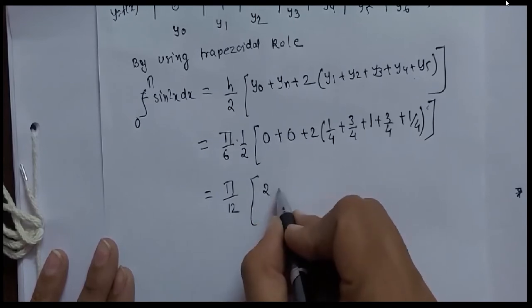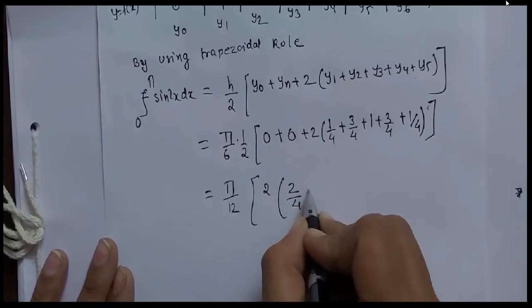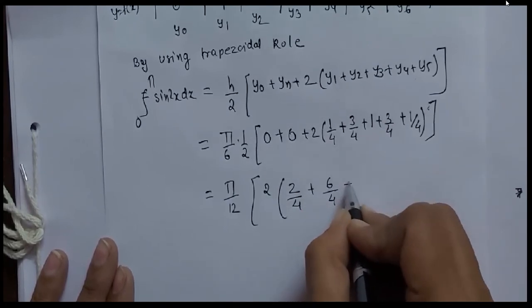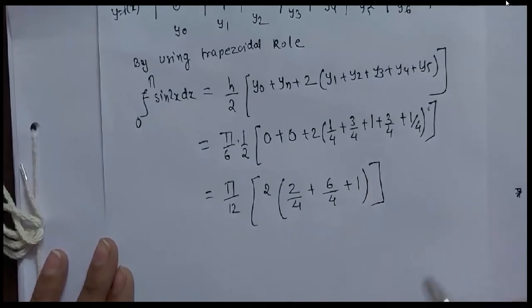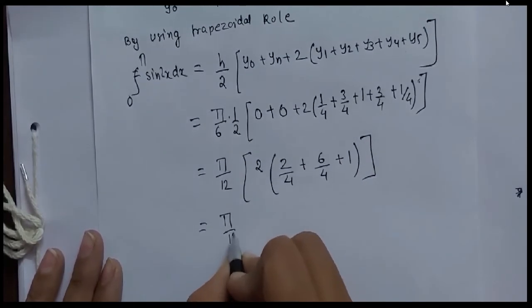2 times (2 by 4 plus 6 by 4 plus 1), pi by 12.